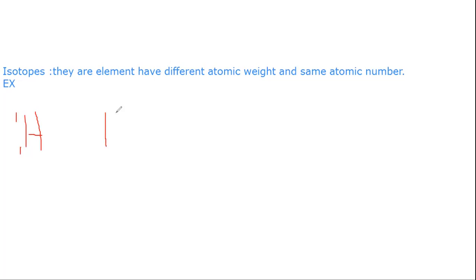And there is another hydrogen 1, 2. And another hydrogen 1, 3. So this is called the isotopes of hydrogen. Hydrogen isotopes.